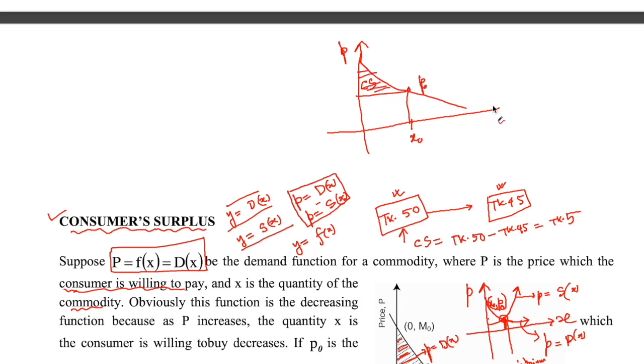And mathematically, this area we can calculate by definite integration. We first need to calculate the whole area, that will be 0 to x0, demand curve dx, minus the area of this dotted part. Area of this dotted part will be x0 p0.